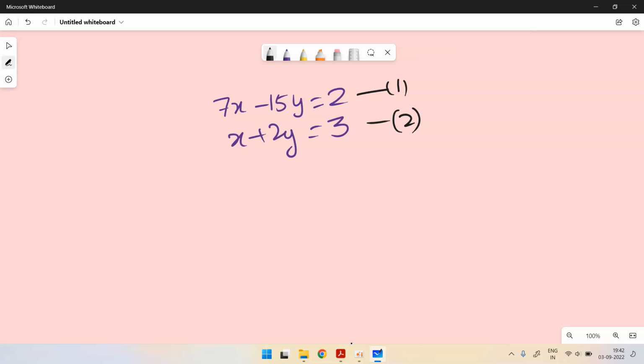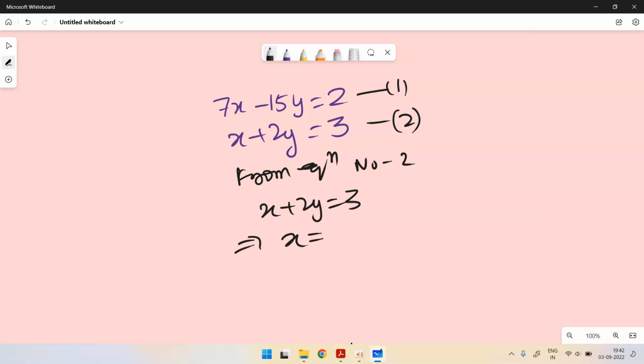Always check whether it is possible to write a simple equation from equation number 2. Equation number 2 is x plus 2y equal to 3, which implies x equals 3 minus 2y.